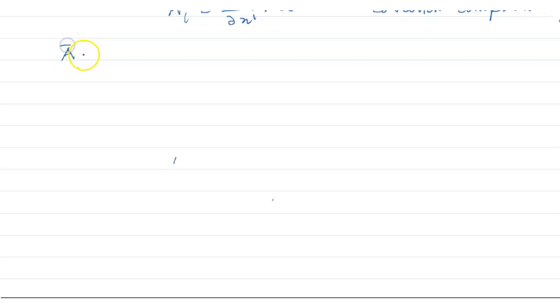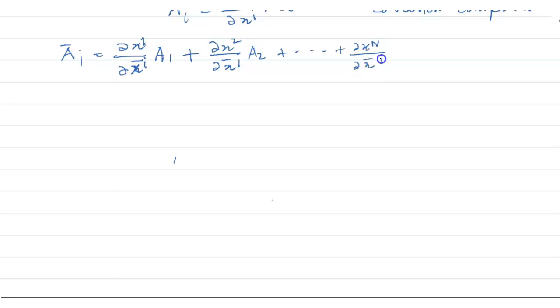Here A bar i can be written del x1 divided by del x bar i into A1, plus del x to the power 2 divided by del x bar i into A2, plus up to del x to the power n divided by del x bar i into An.